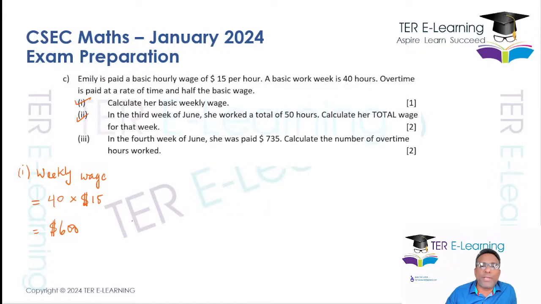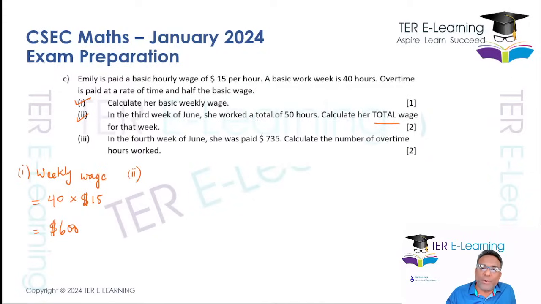In the 3rd week of June, she worked a total of 50 hours. Calculate her total wage for that week. Now, when I set my questions, I try to make them not ambiguous like how CSEC does sometimes. I'm asking for the total wage here.